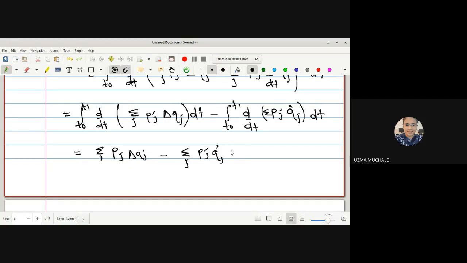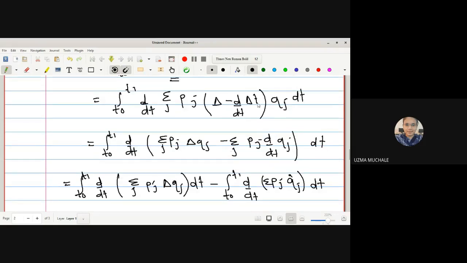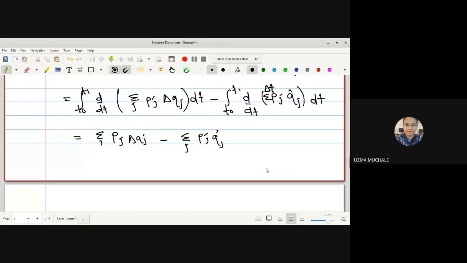Sorry, delta t is remaining here. We forgot, we had to carry delta t as it is. So here also somewhere delta t, now it is within the limit t naught to t1 as we have evaluated the integration.